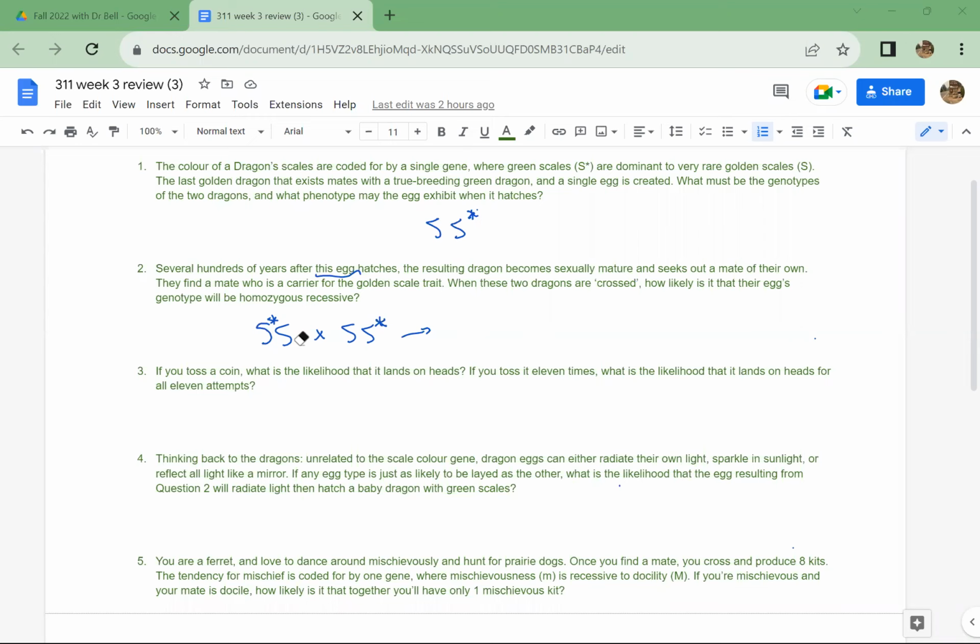And the way that I think of either monohybrid or dihybrid crosses is that we have parents and they quite literally pass on one of their alleles. This parent passes on the S star allele. This parent just happens to have passed on the S allele to their offspring.